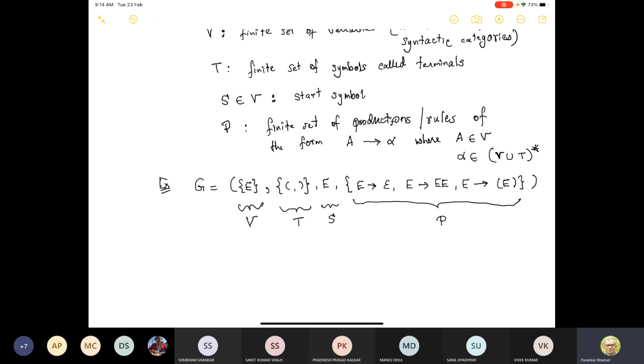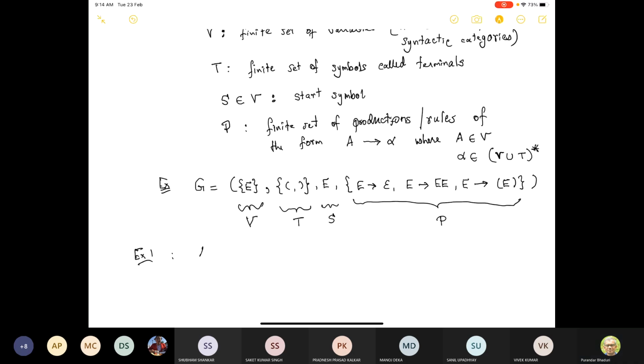So let us see a few more examples. Think of the language of palindromes.